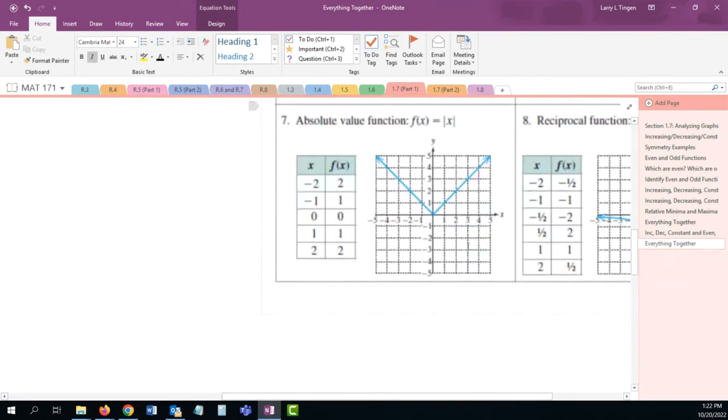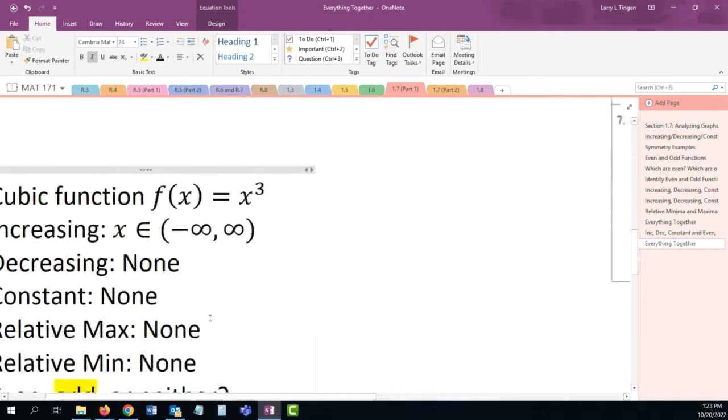Absolute value function is right here, number 7. This one does have increasing and decreasing characteristics, right? It's decreasing until 0 and then increasing on the other side of 0. So decreasing until we reach 0, increasing until we reach positive infinity.